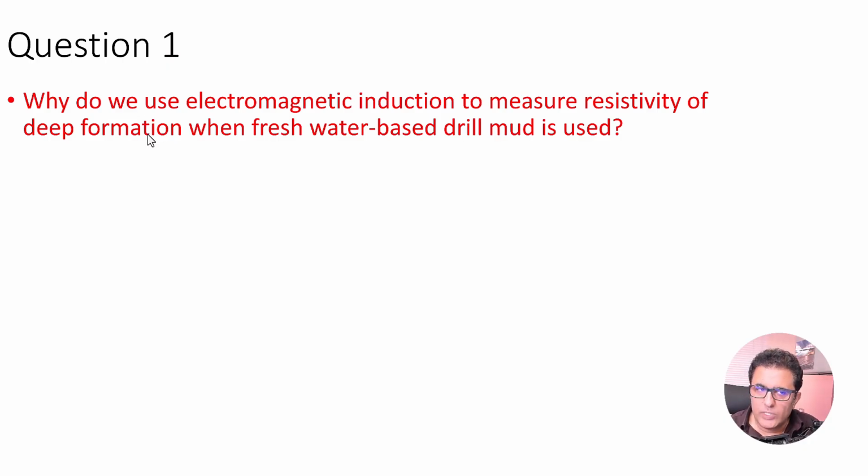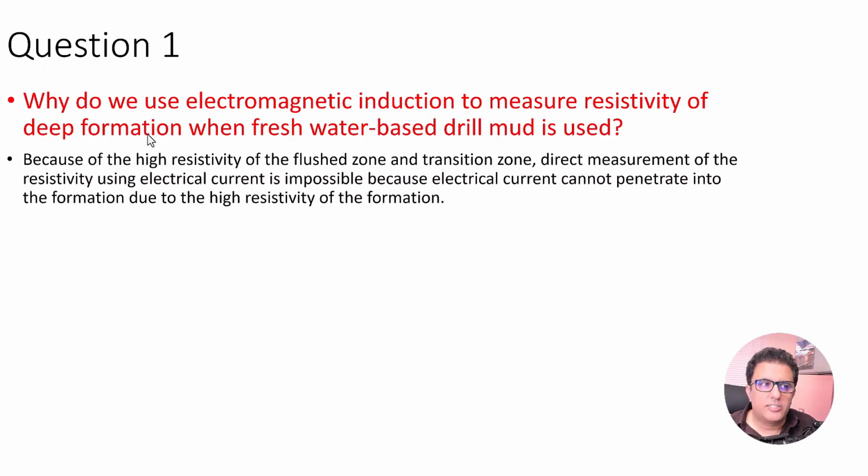Okay, so when we use electromagnetic induction, we use it whenever the drill mud is not conductive. And so what is the reason why we have to use electromagnetic induction for the area away from the borehole? Yeah, so the answer to this question is easy, because here mud filtrate is not conductive.